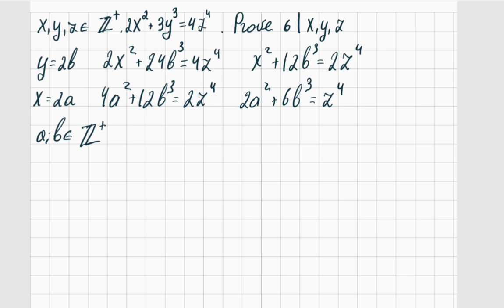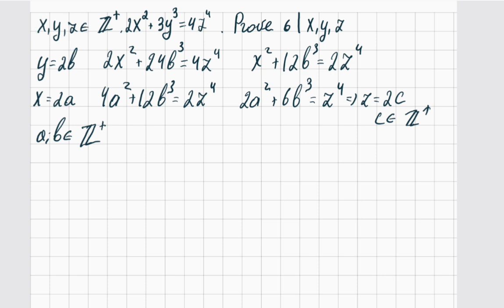And here we see that z should be an even number also. So let's say z is equal to 2c, and c is also a positive integer. Now we know that all of these three numbers are even.